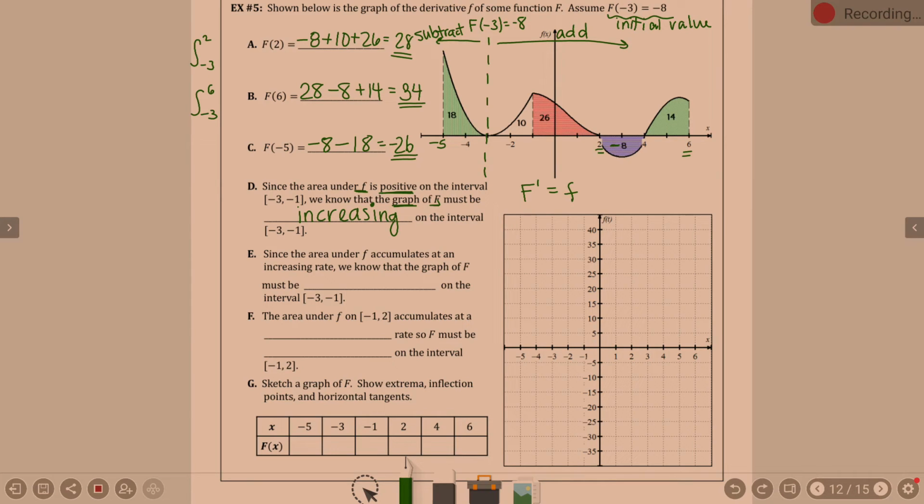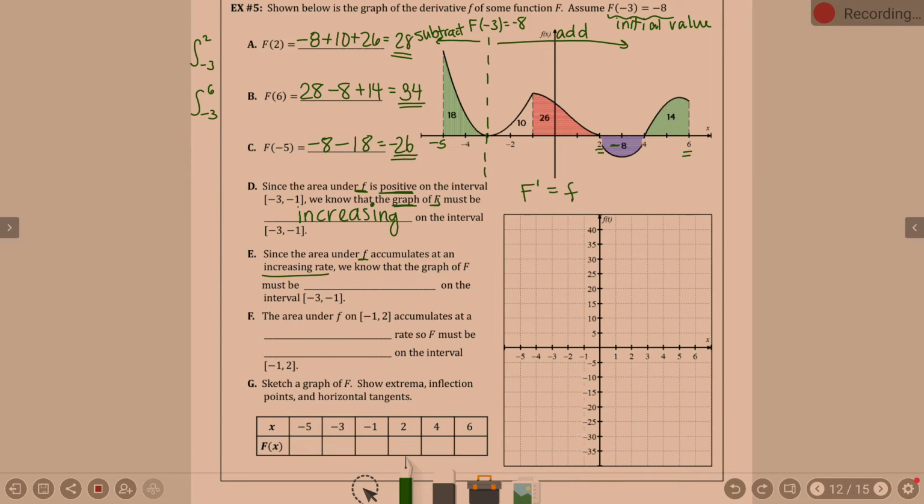Since the area under F accumulates at an increasing rate, so we're talking little f, increasing rate, we know that the graph of F must be blank on the interval -3 to -1. So notice it didn't just say increasing, it's increasing rate. So now we're talking more about second derivative.